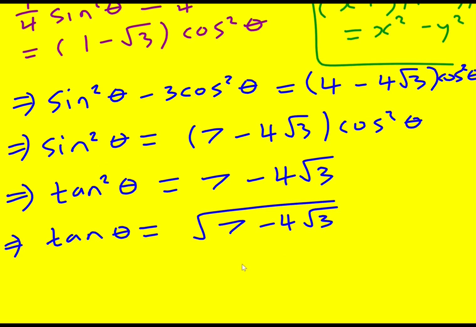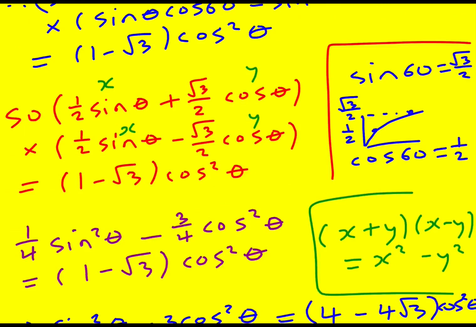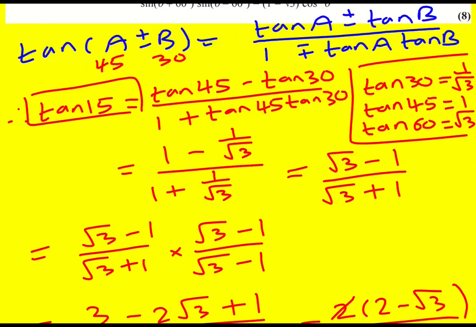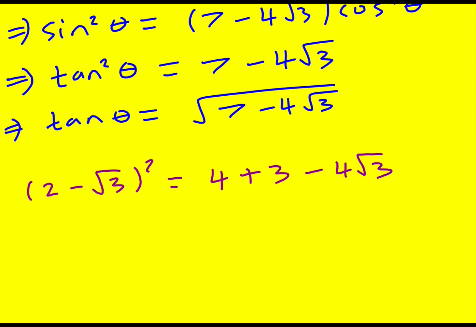How do we find that square root? There are a couple ways actually, but why not just try this 2 minus root 3 to start with? So 2 times 2, and then minus root 3 times minus root 3, and then 2 times root 3, but double that, gives us the minus 4 root 3.